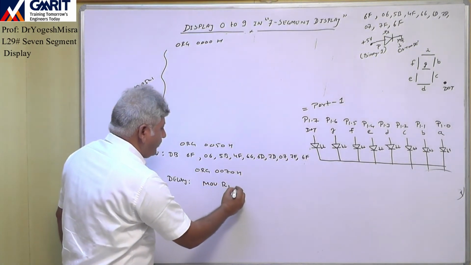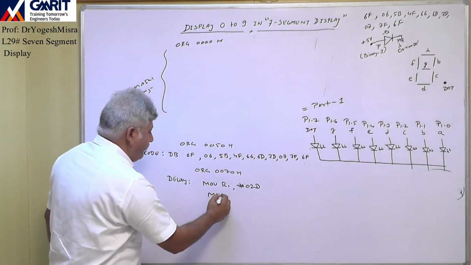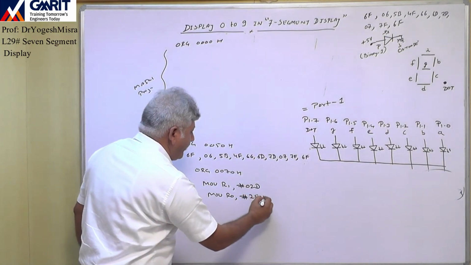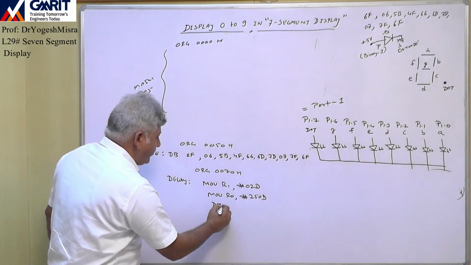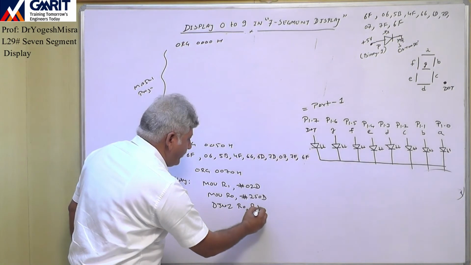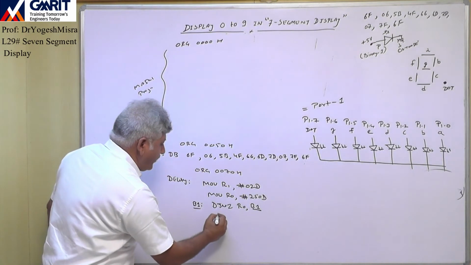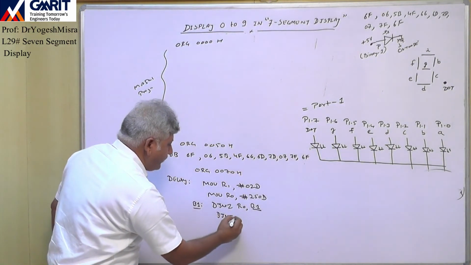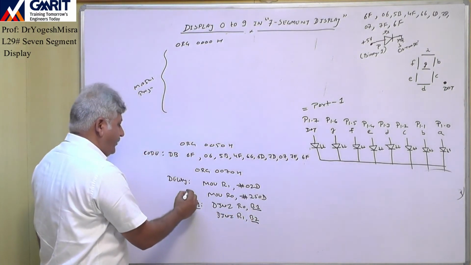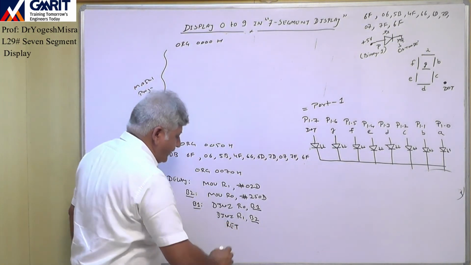MOV R1, #02D, MOV R0, #250D, B1: DJNZ R0, B1, this is label B1, then DJNZ R1, B2, this is our label B2, and in the last we will use RET, the return instruction.